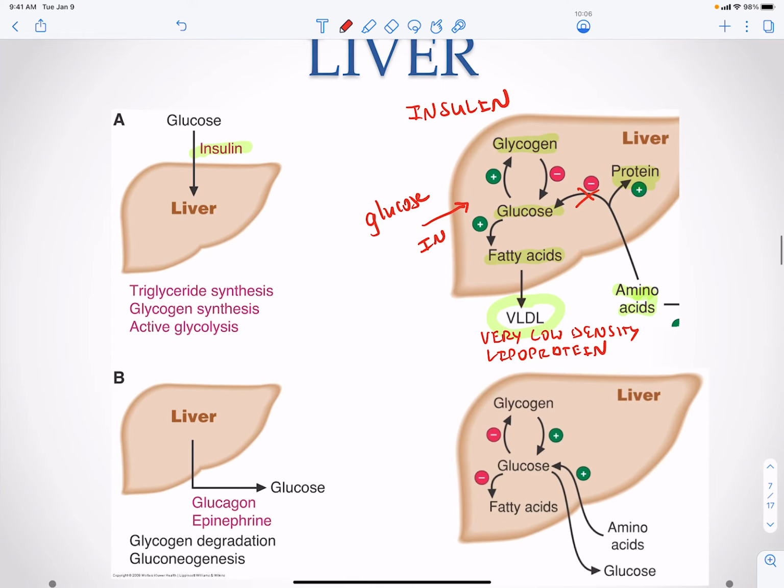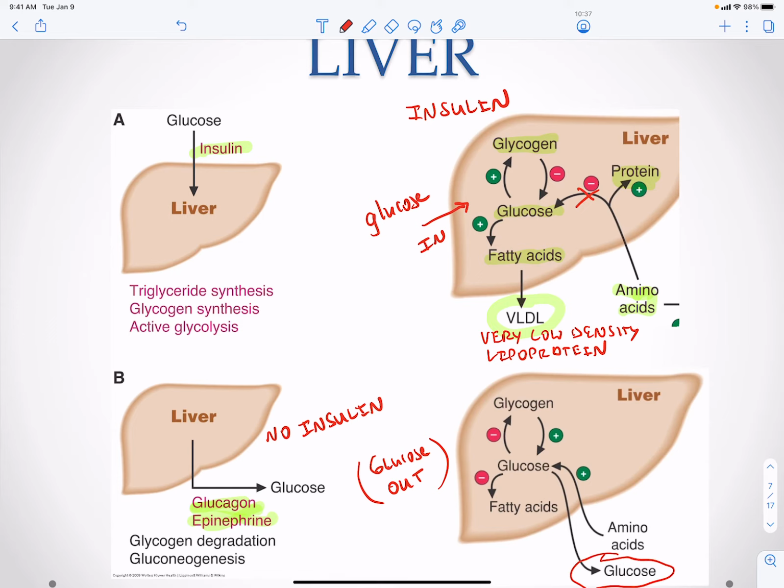Now, in the liver, when you have glucagon present, or epinephrine, and no insulin, which is important because, as we know, insulin can override glucagon and epinephrine, this is where your liver cells do not pick up glucose. So glucose is out, which is shown here.